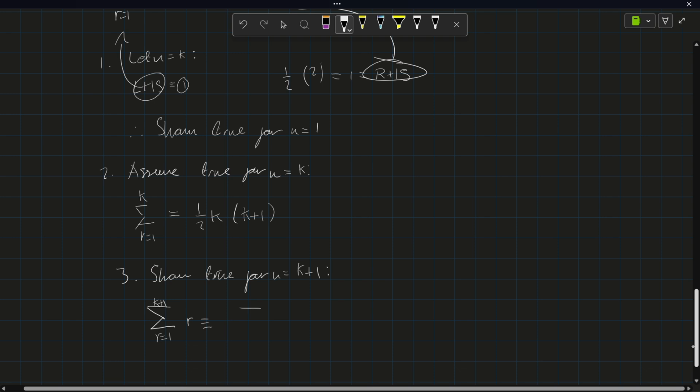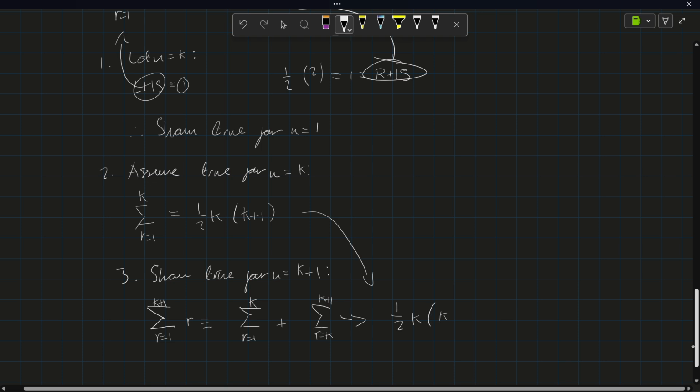Okay. We're going from 1 to k, then adding k plus 1, which brings us to this. So we know what 1 to k is because we assumed it true.